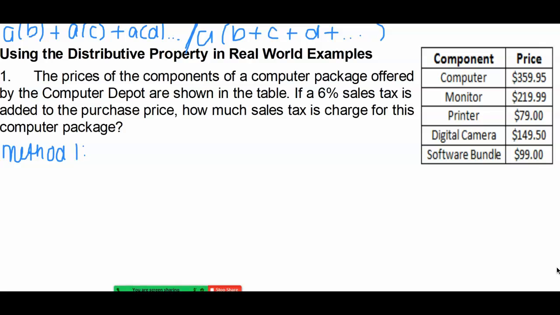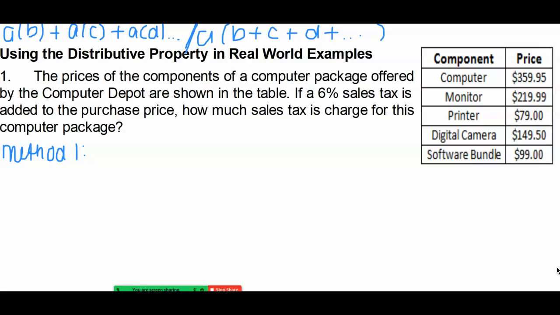So it says the price of the component of a computer package offered by Computer Depot is shown in the table to the right. If a 6% sales tax is added to the purchase price, how much sales tax is charged for the computer package?